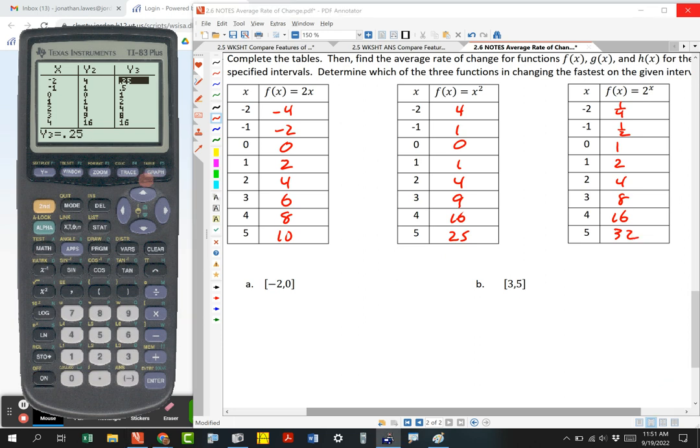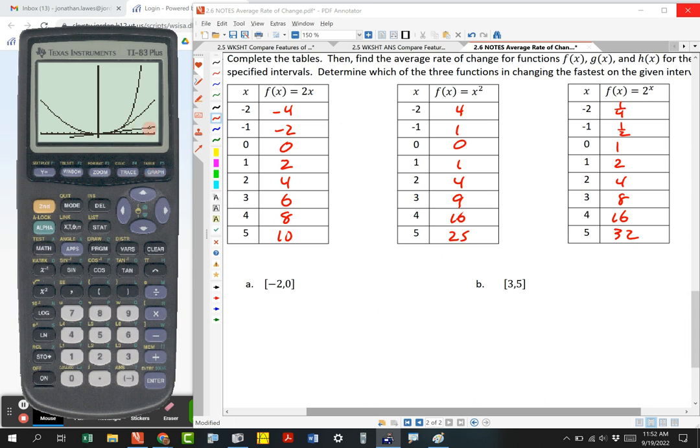Okay, if I just hit graph, I'm going to hit the window. It's 200 tall and it only goes over to 10. So if I hit graph again, here's the deal.